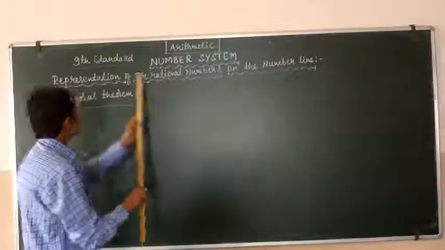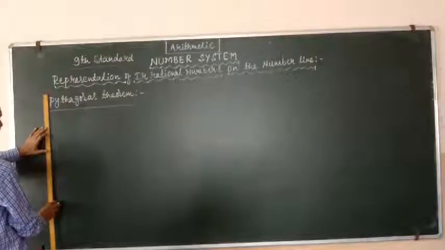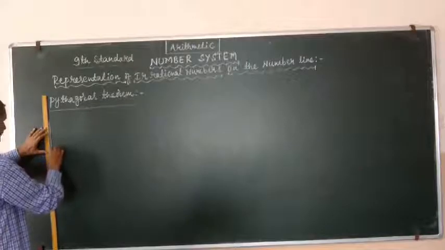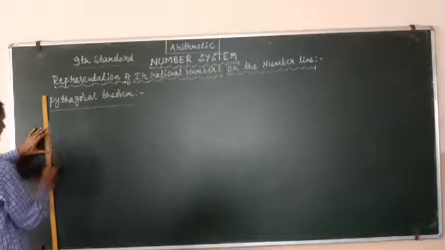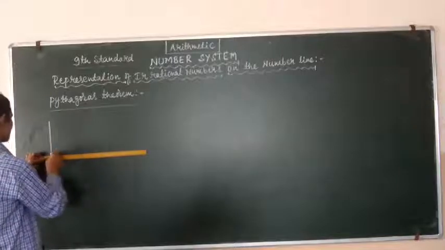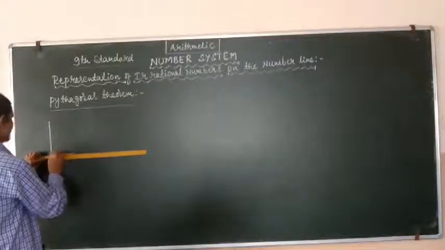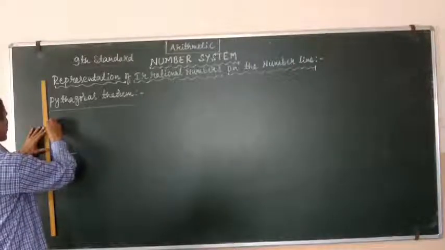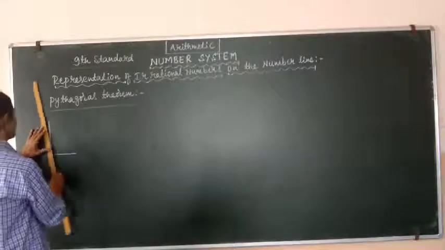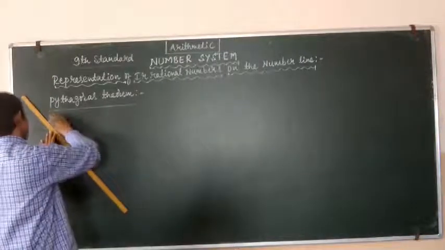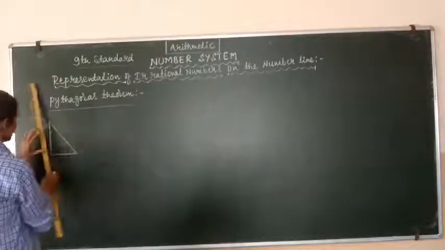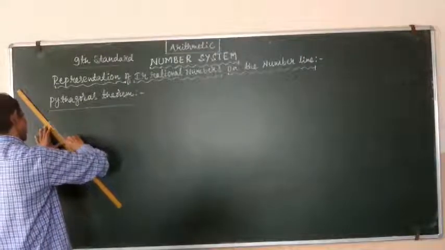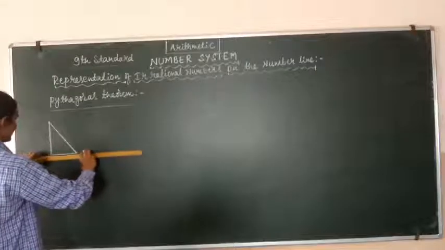Now observe here, we know that if in a triangle any one of the angles is equal to 90 degrees, it is called a right angle triangle.